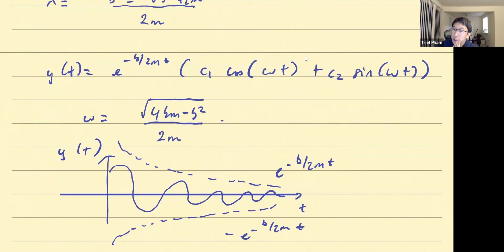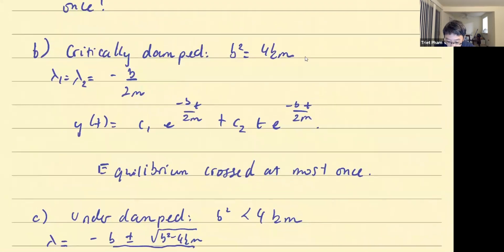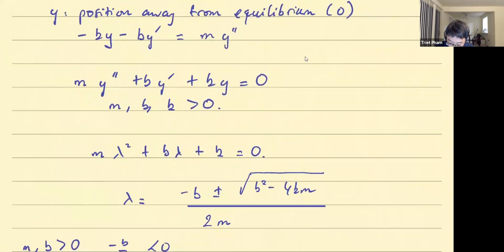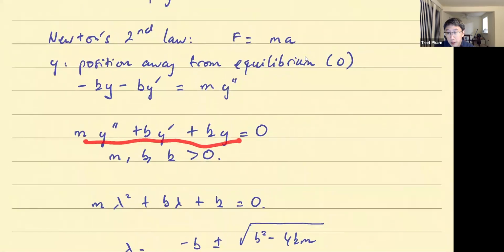All right, question? So I just want to mention that this particular example is mathematically an example of a second order linear ODE with constant coefficients.